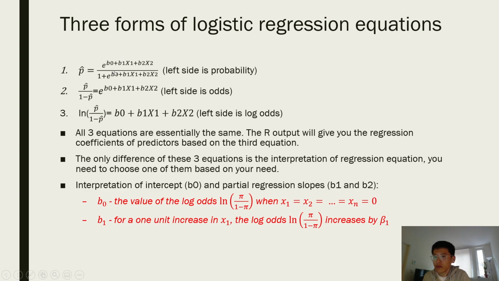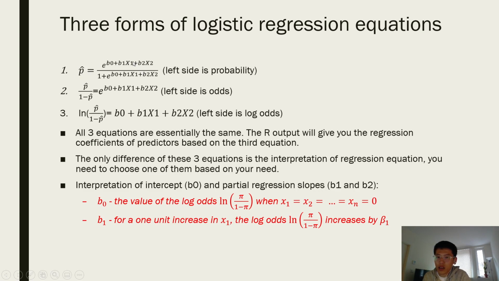But the right hand side of this equation is kind of hard. For example, with this x1, holding other predictors constant, a one unit increase of x1 will result in how much increase or decrease in the probability of y?